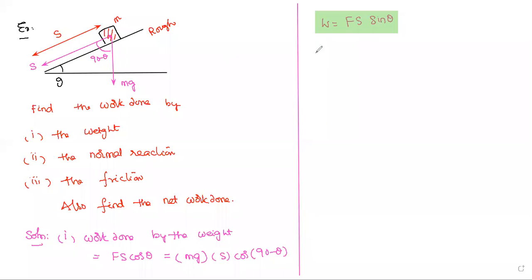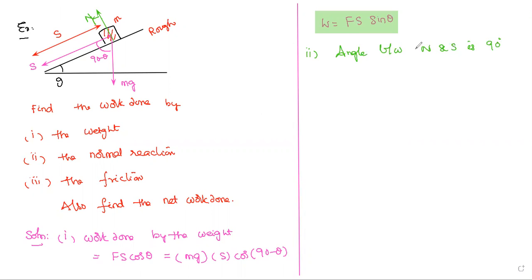Next, the second question: find the work done by the normal reaction. The normal reaction is always perpendicular to the surface, towards the body, so I take it as N. The normal reaction and displacement are perpendicular to each other, so the angle between N and S is 90 degrees.